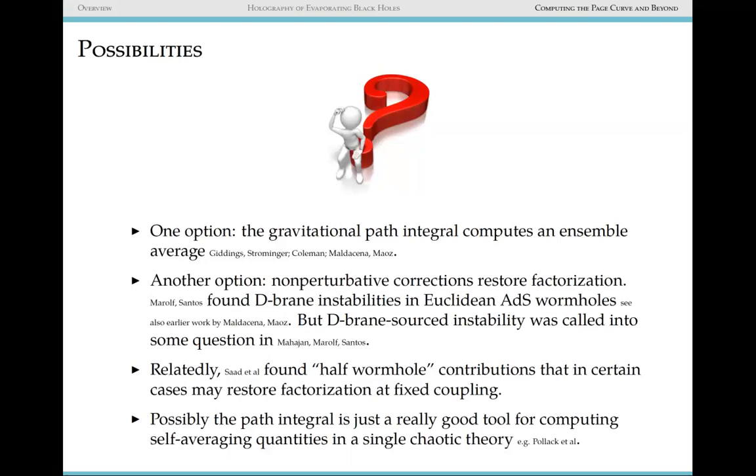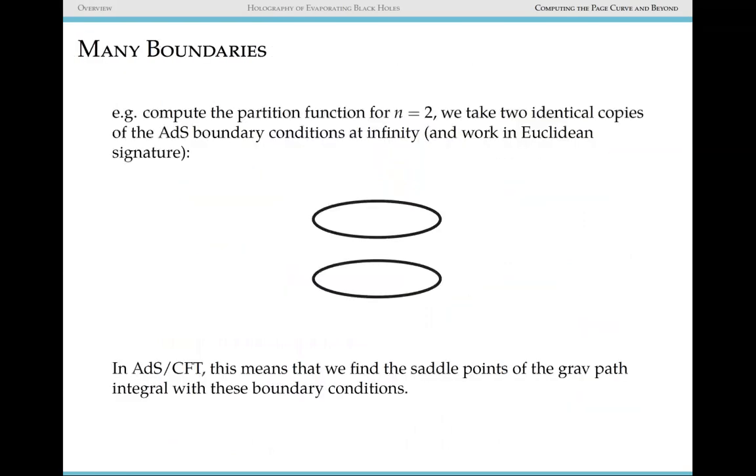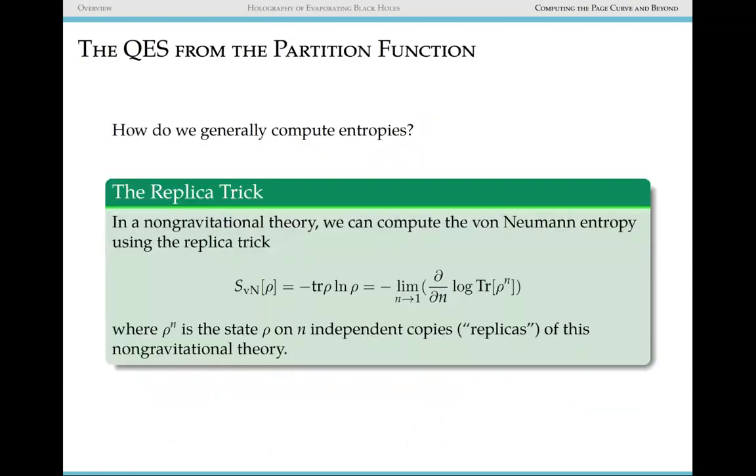And moreover, if you want to compute the Renyi entropies, which are effectively the von Neumann entropy but with n equal to some other integer, then we find that these n independent copies are actually correlated with one another, which they should not be.